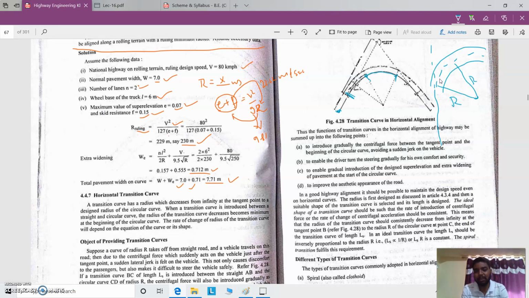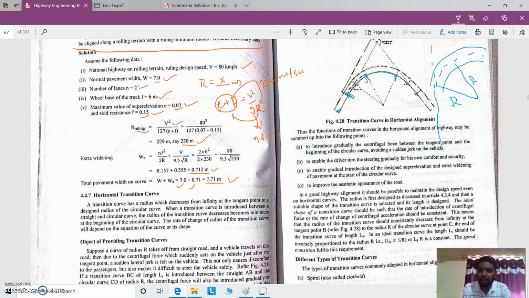In that case the passengers will not be safe or comfortable. We need to avoid such situations as far as possible. In ghat sections it is not possible, but on horizontal alignments in plain areas we can consider this effect, so the transition curve will help in that section also.